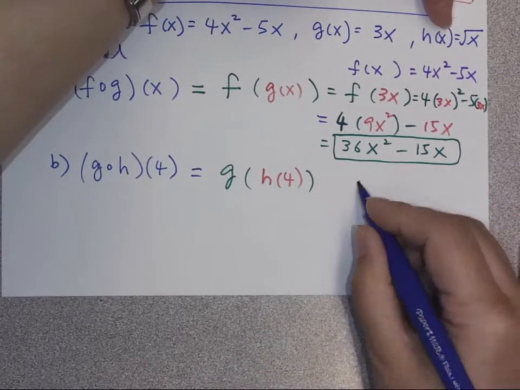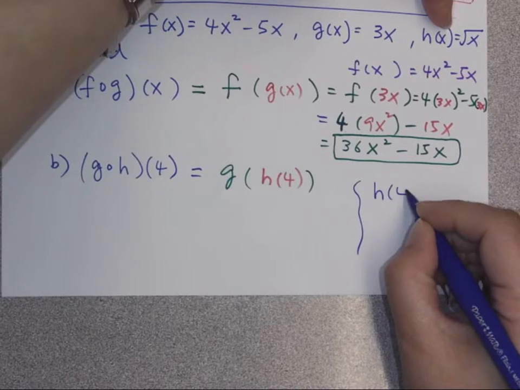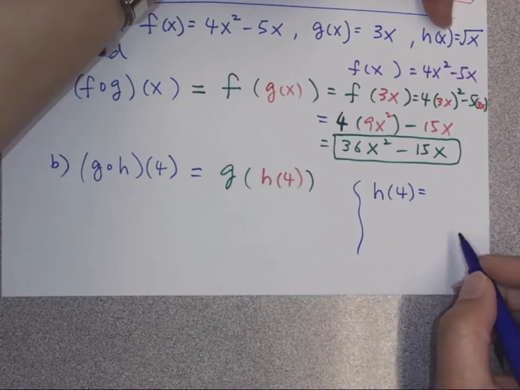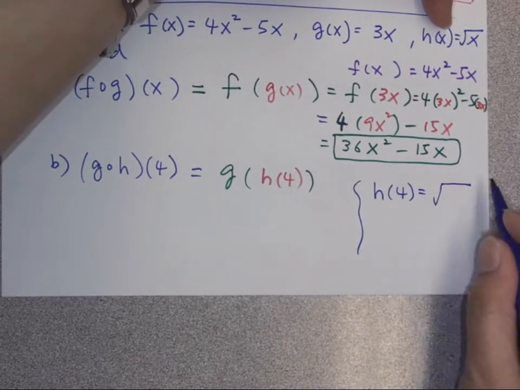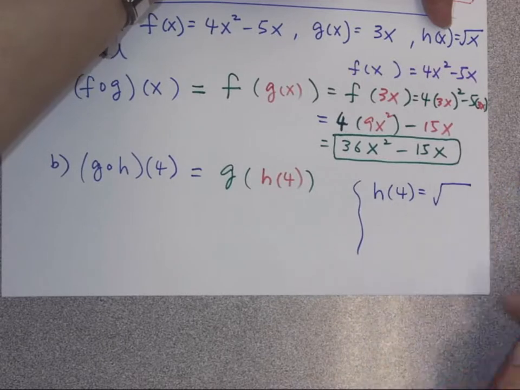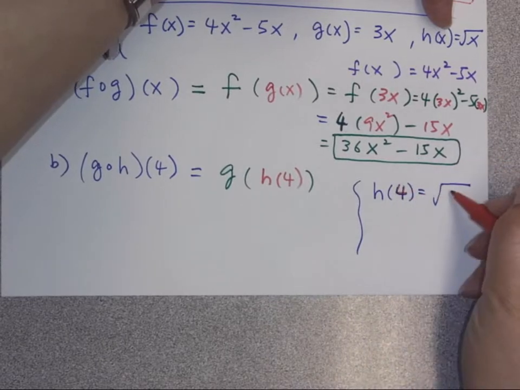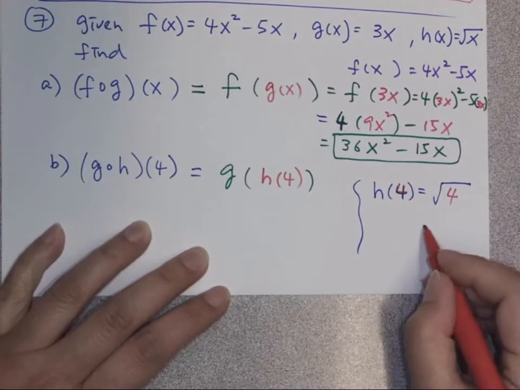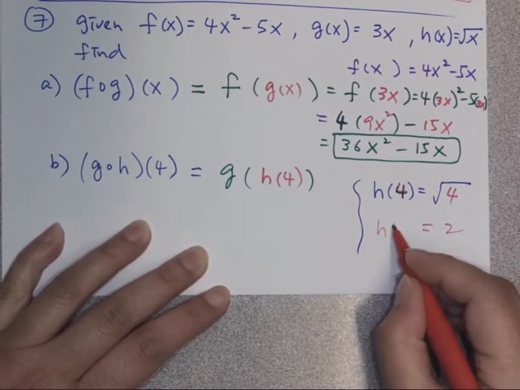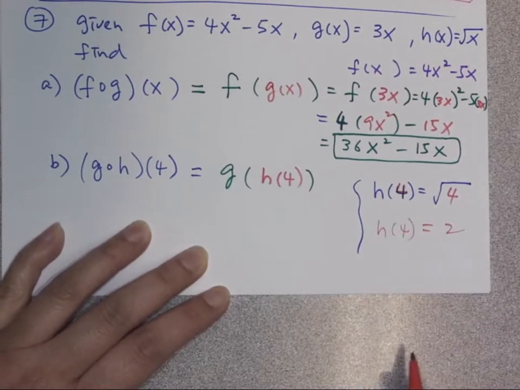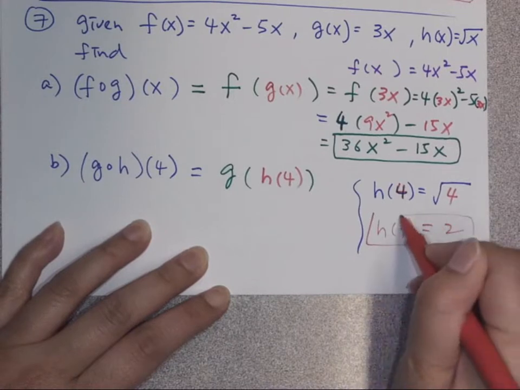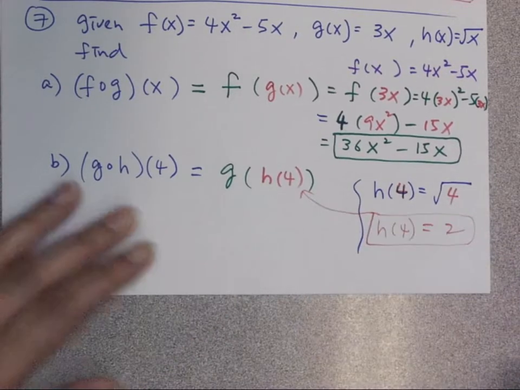On the side, let's find h of 4 using my h function, which is the square root of something, and the x needs to be replaced with 4. The square root of 4 is 2, so h of 4 is the same as 2. So I can use this information and plug it in here.